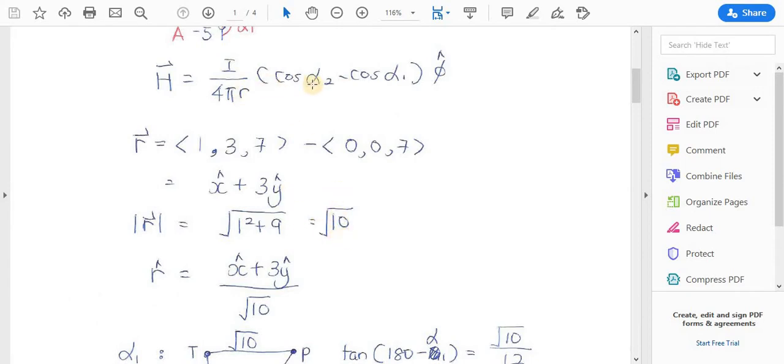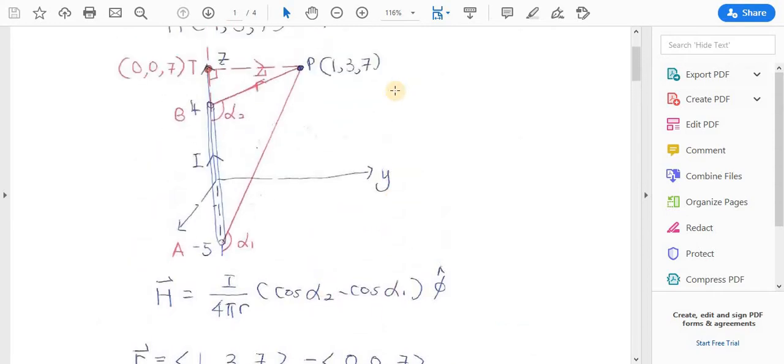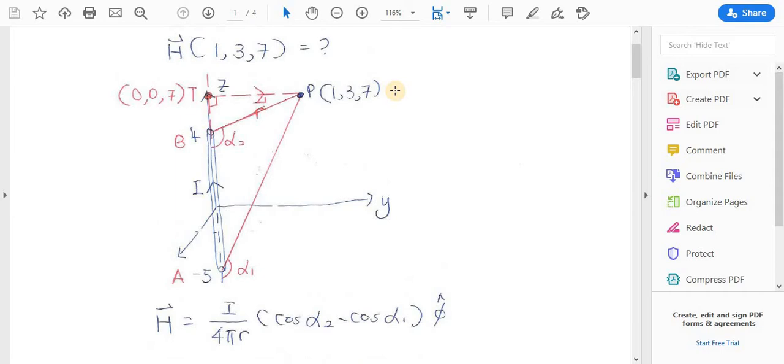Next, we move on to alpha 2 and alpha 1. Again we need extra drawing in our original diagram. I connect the ends of the current filament to the observation point.